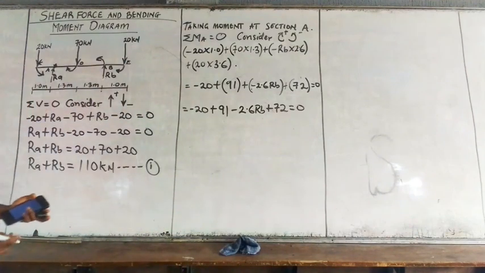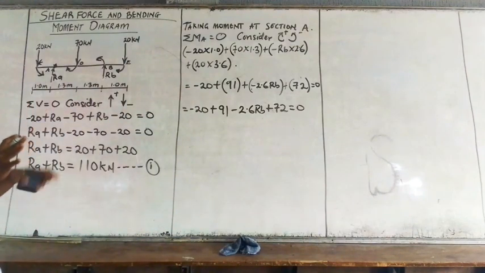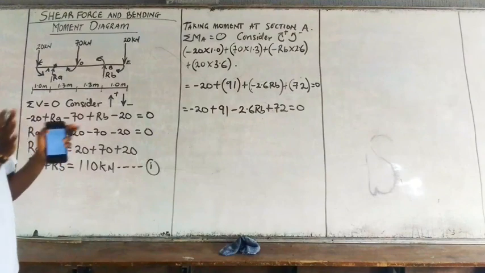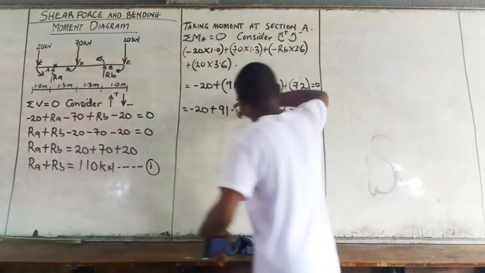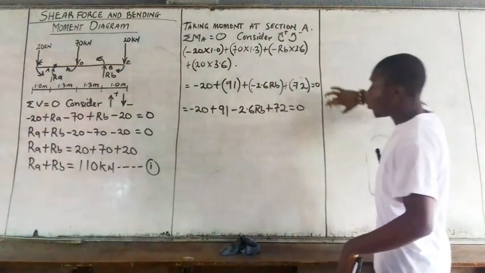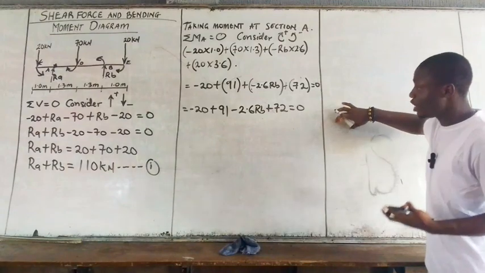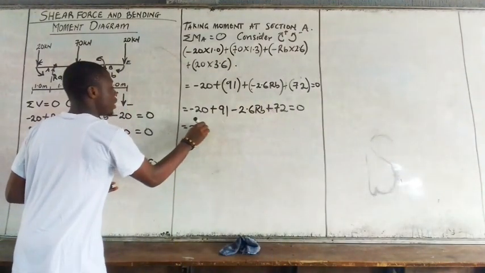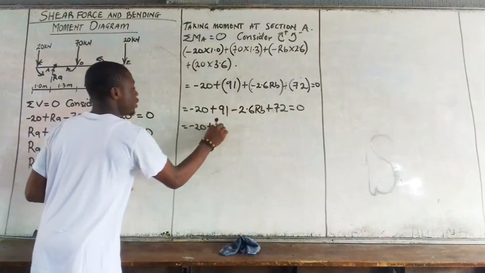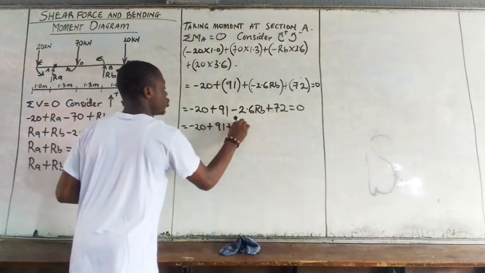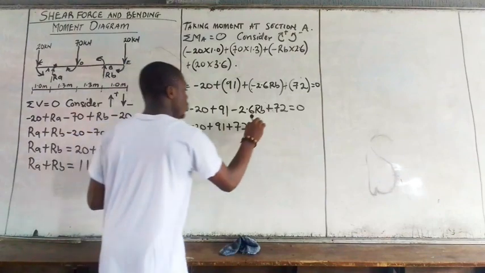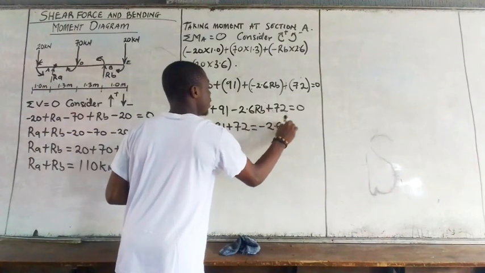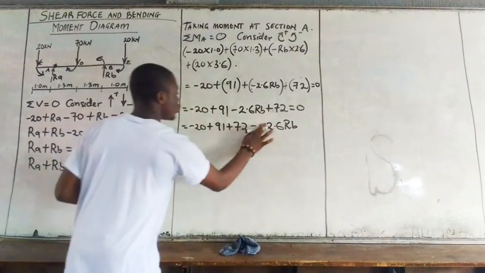Now I can see that RB is separating itself. So I can just take the 2.6 RB across the equality sign, and it becomes positive 2.6 RB. I'll have minus 20 plus 91 plus 72 is equal in value to 2.6 RB. Why?